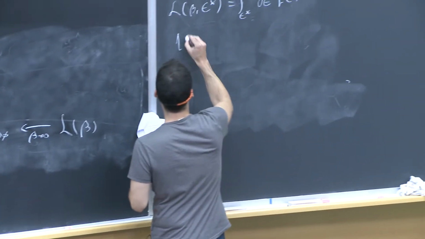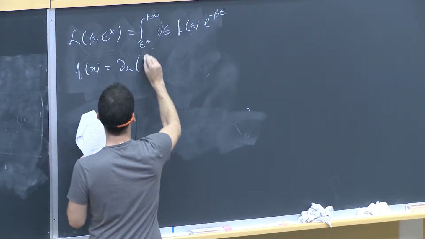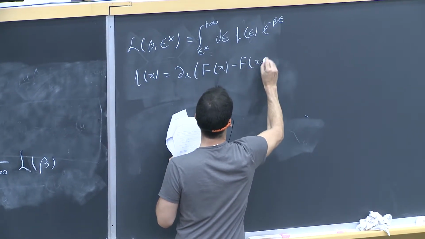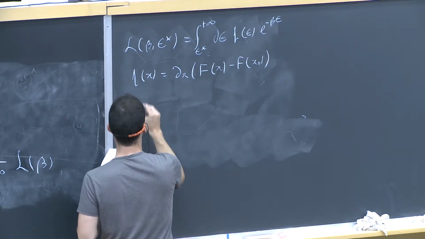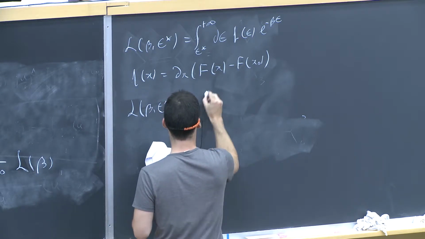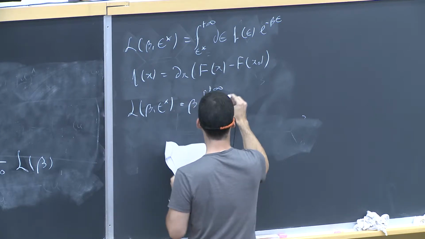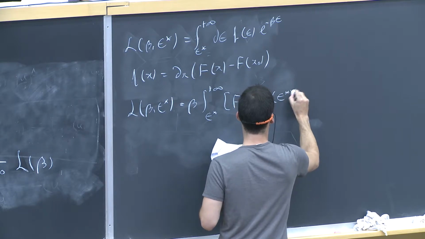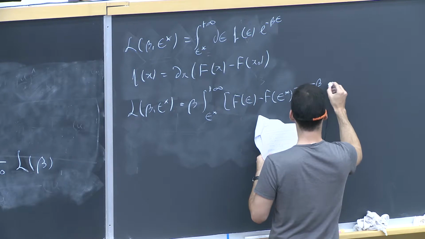So we use a trick. You write that f(x) is the integral dx of f(x) minus f(x naught), and then you can do the integral from E star to plus infinity.